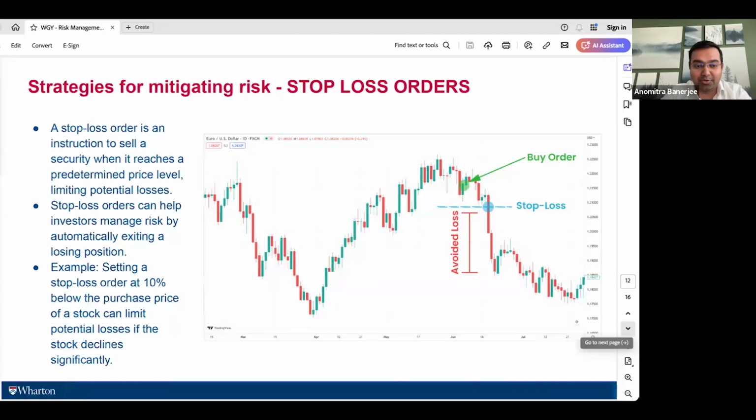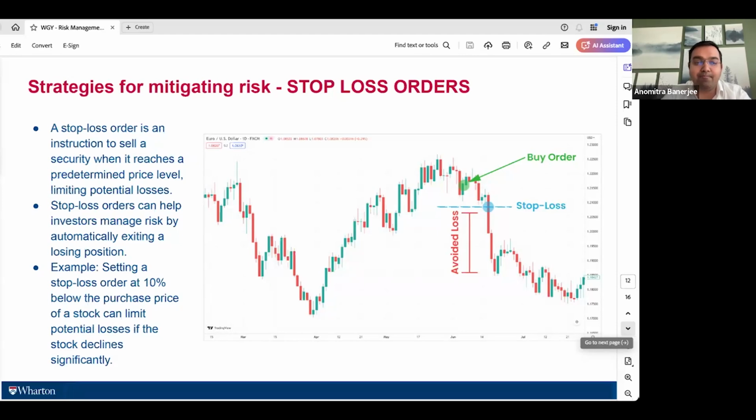As you might understand, when the market was working there, I was sleeping way back. And because I did not have a stop loss order, the stock went down and down and down. By the time I woke up and actually looked at my portfolio, I was in tremendous losses.